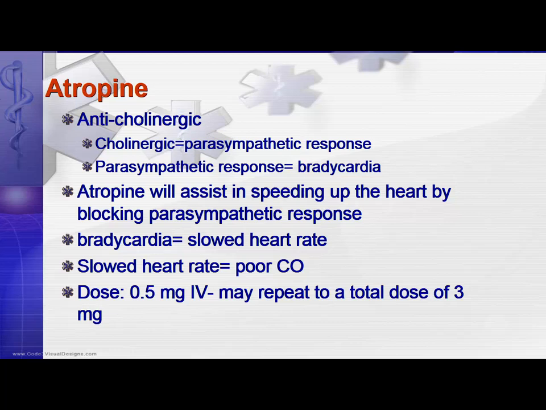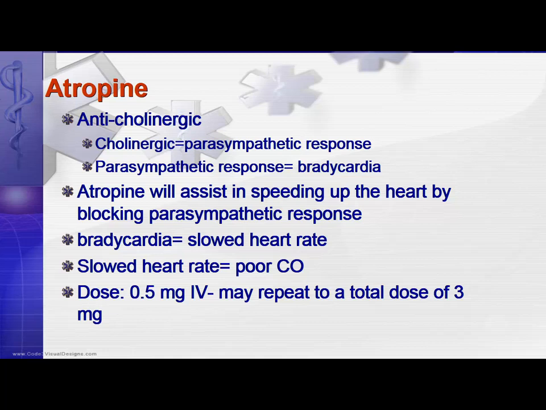So again, slowed heart rate equals poor cardiac output, right? That's our equation there, remember? Cardiac output, stroke volume times heart rate. In bradycardia, if our heart rate goes down, our stroke volume goes down.